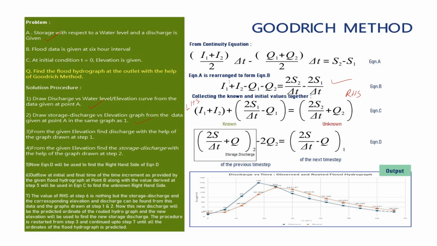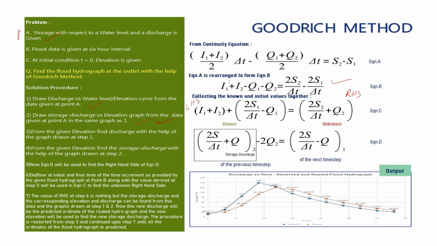Or to be precise, storage, elevation, discharge data in the first point A, correct? So from that we have found out this RHS of equation C and drawn that graph, which is solution step 2. Okay. So next step is what? To find this 2S2 by del T plus Q2, RHS of equation C, for the flood hydrograph.